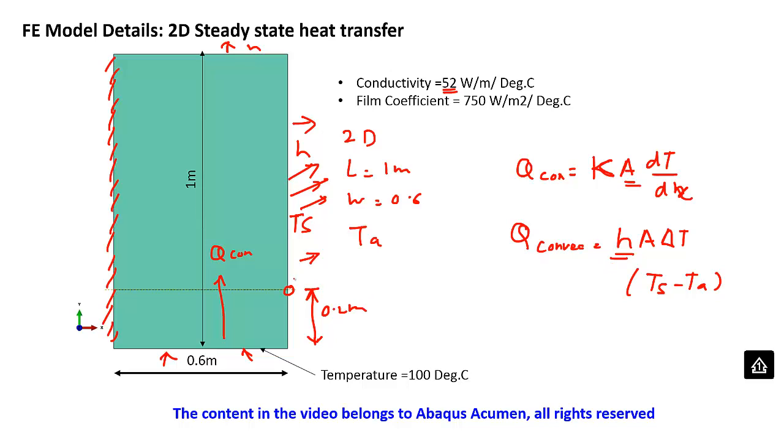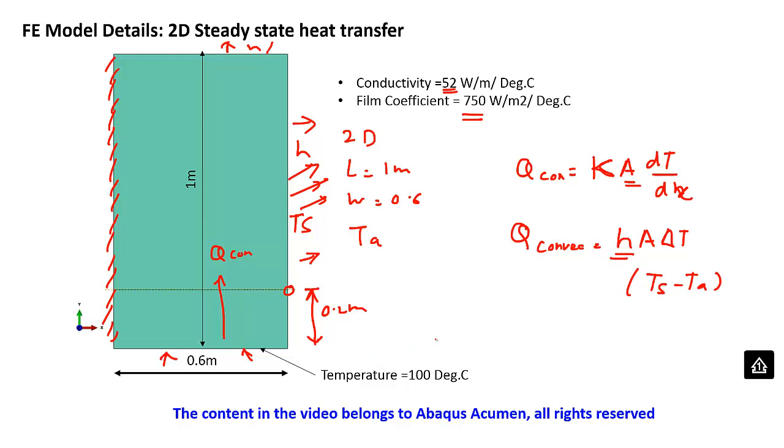You put a fan, or you give natural convection, where the air comes closer to the heated surface, and then density reduces, so it moves up. So the film coefficient we are going to use is 750 on both edges, and heat will go out using convection, and then we'll measure the temperature at this 0.2 meter.